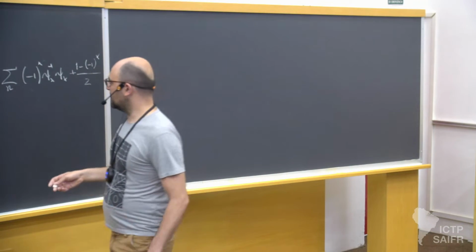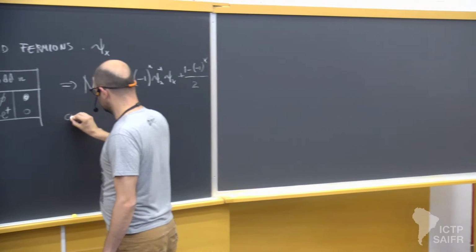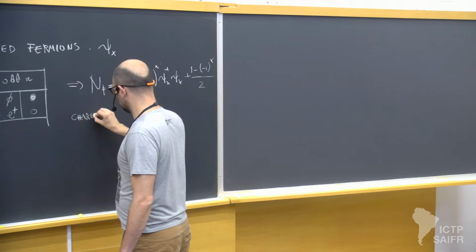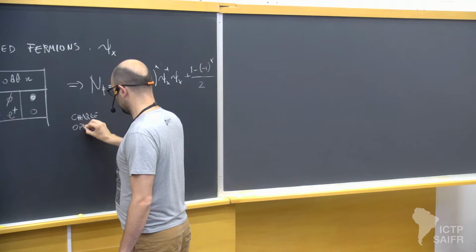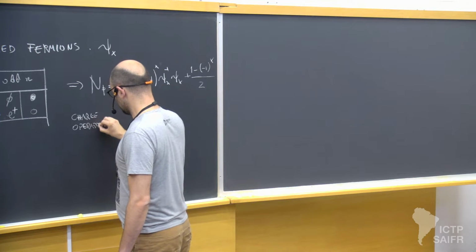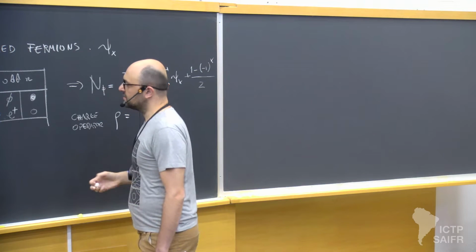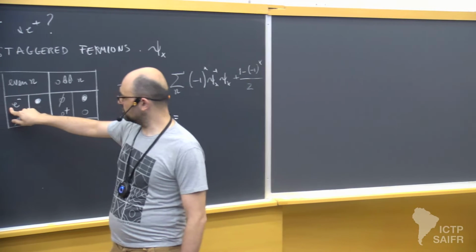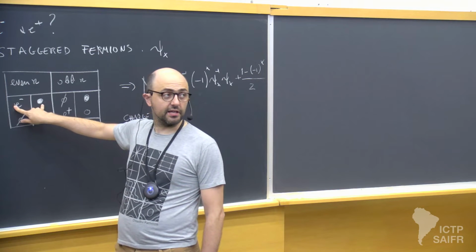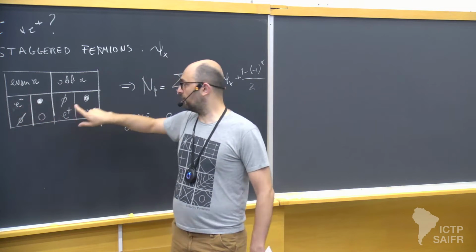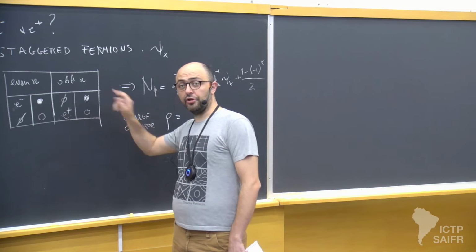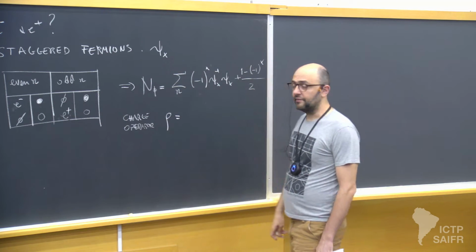We can, of course, also write down the corresponding charge operator, rho. And what does this rho do? It has to count negative if there is something here, because the electron has negative charge, and positive if there is a positron on the odd sites.